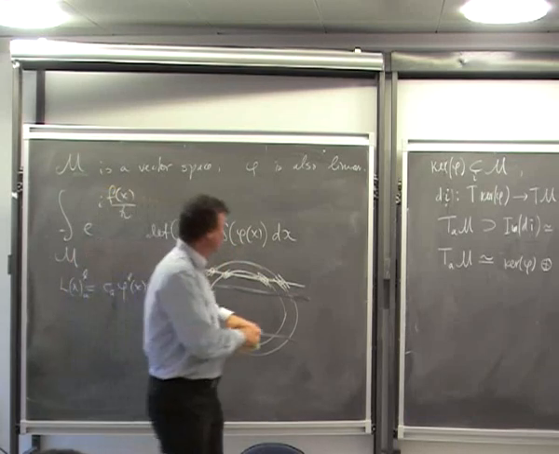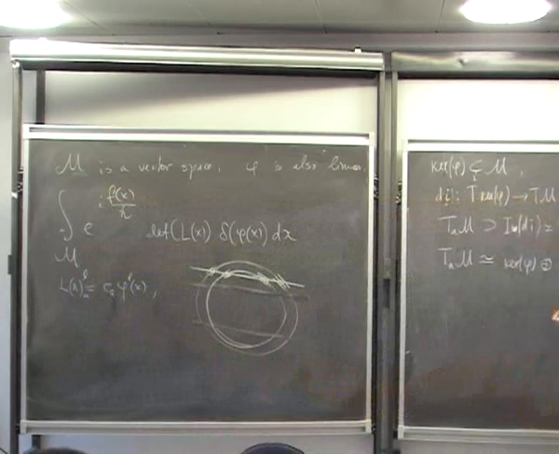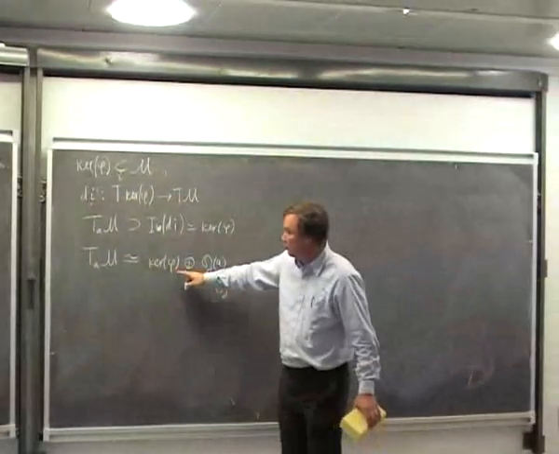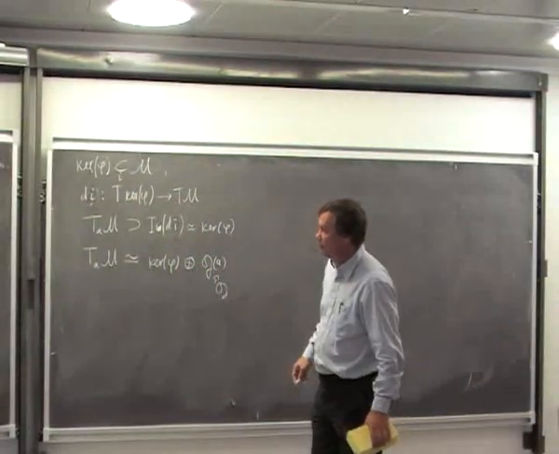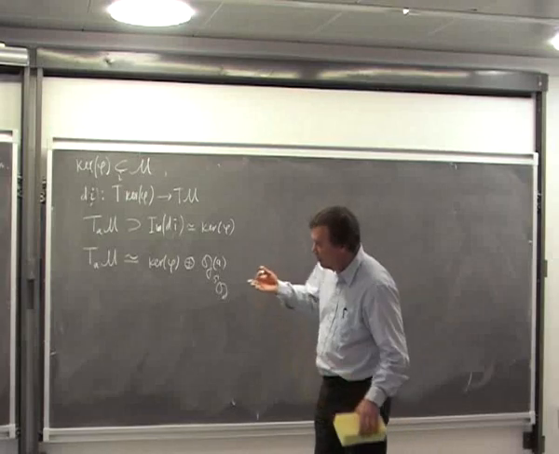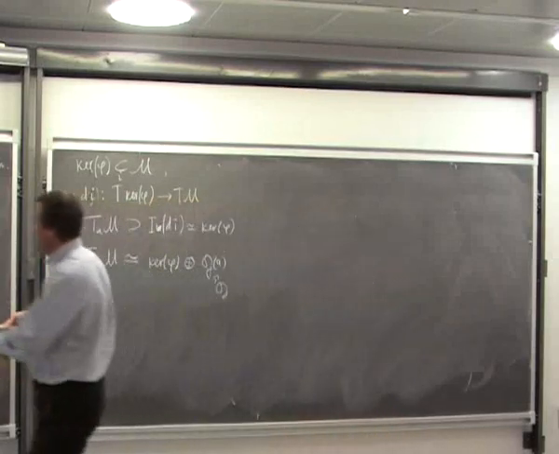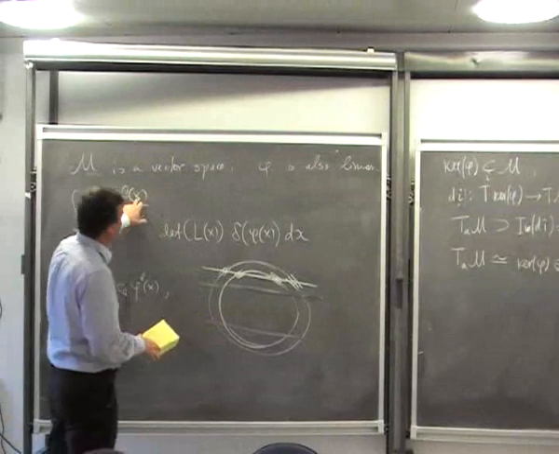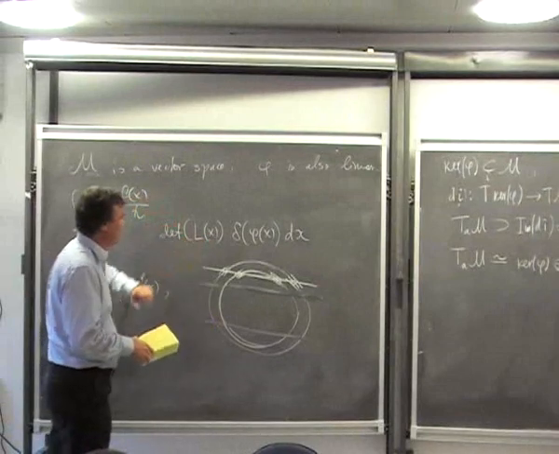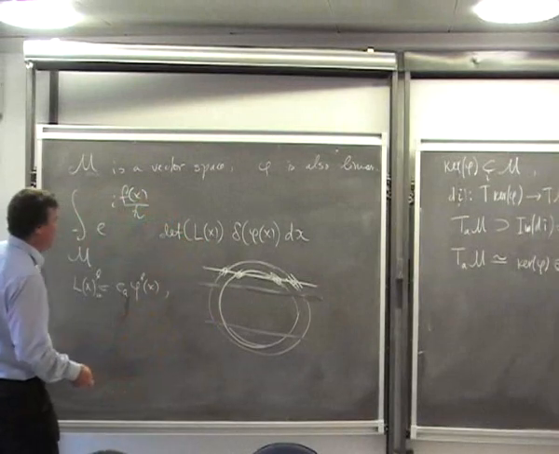So I want to integrate out the g directions, the ones along which this function is constant.